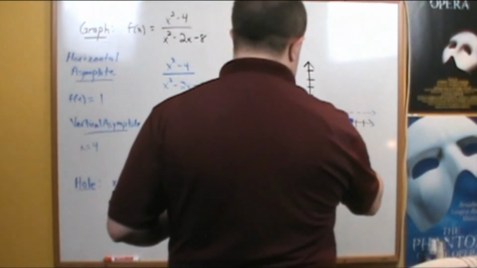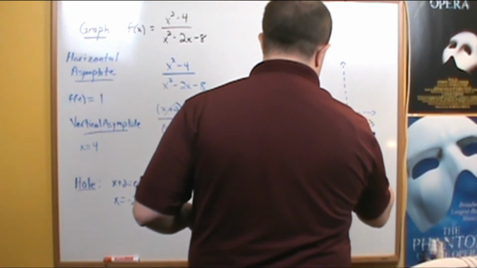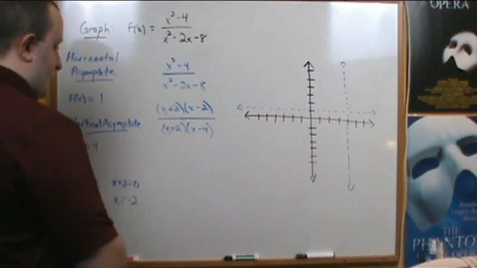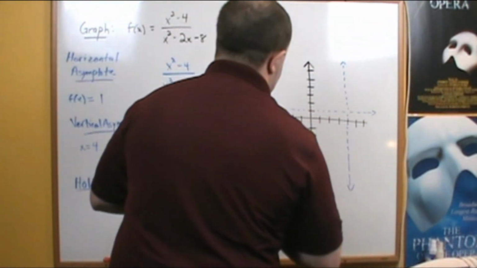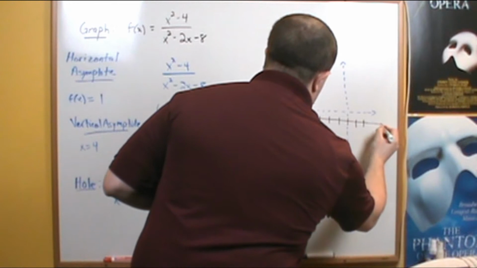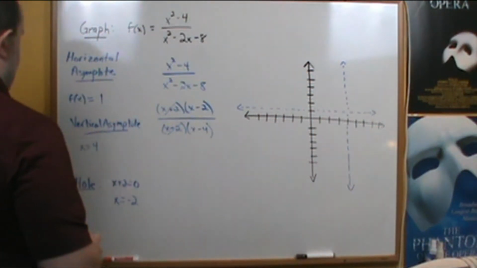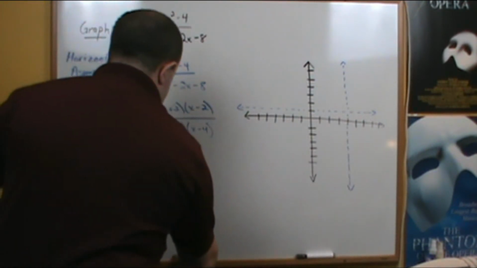So positive 4 is over here. There's that right there, and I'm actually going to extend my x-axis in this direction a little bit further. Okay? So now we have our horizontal asymptote, our vertical asymptote, and where our hole is in the graph.